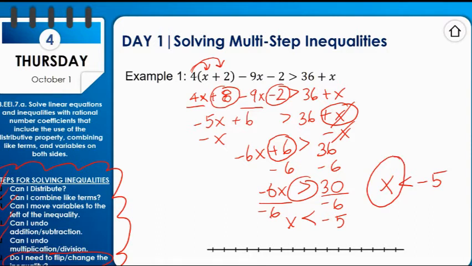What does that mean? All of my values for x must be less than -5 in order to make this inequality true. So if I make this value -5, -4, -3, -2, -1, this is 0, and I'm going to pick -10. 5, 6, 7, 8, 9, 10.